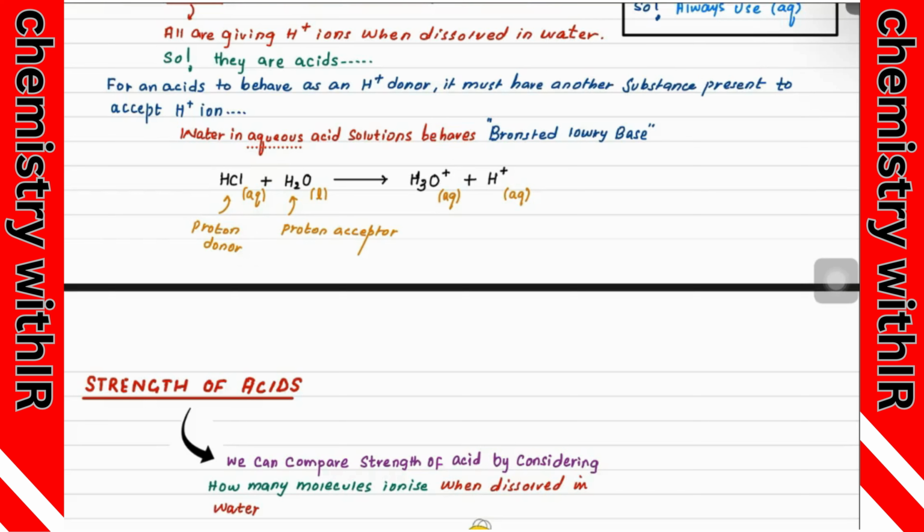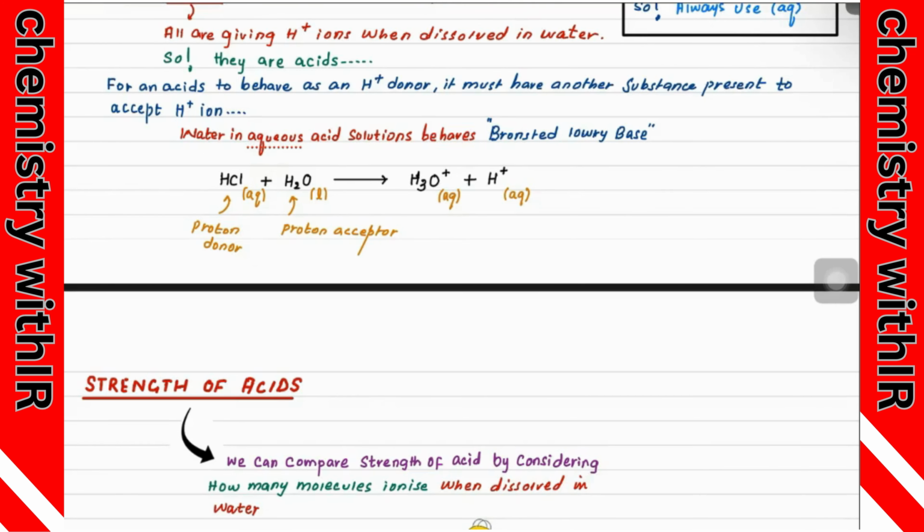Most of the time, the examiner would be asking, identify the ion which is present in all of the acids. You know what you are supposed to write? H positive ion. You can see different ions in an acid.